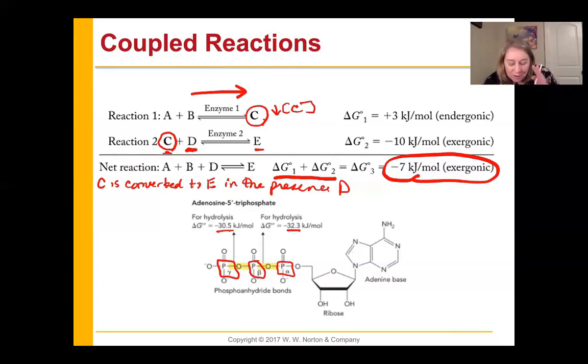It's actually the transfer of either the phosphoryl or adenylate, so AMP, to a reactant, to generate a highly reactive intermediate. And that's what's going to give you the energy push to make it happen.